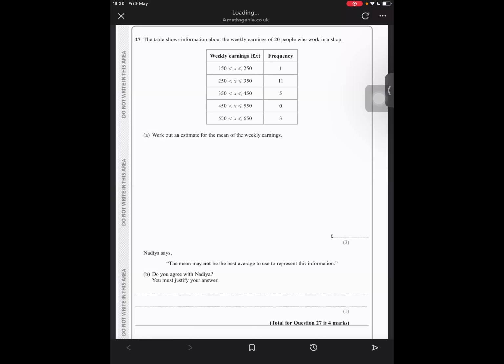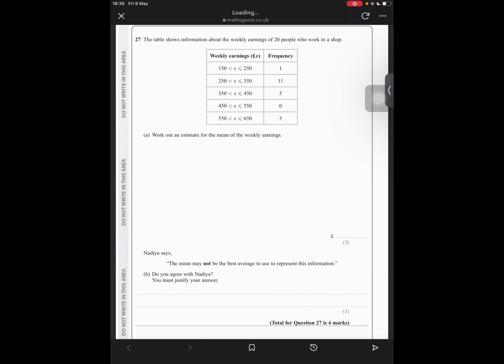Whenever you have things like this, this is information that is used to plot either a histogram or a cumulative frequency graph, something like that. I think it's a histogram. I can't remember the other one; it has a similar name, in that class of histogram.